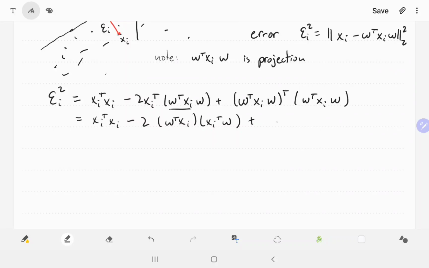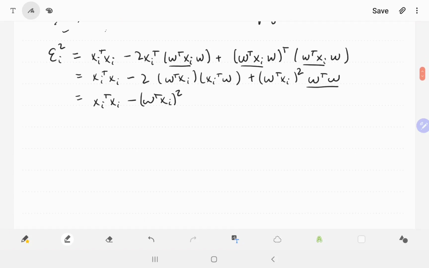Then plus W transpose xi, the same scalar appearing twice, and then W transpose W. But this is 1, so some things cancel, and we get that this is equal to xi transpose xi minus W transpose xi squared. Right? So W transpose xi squared, let's think about this.